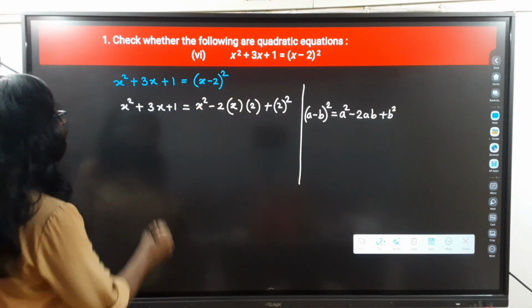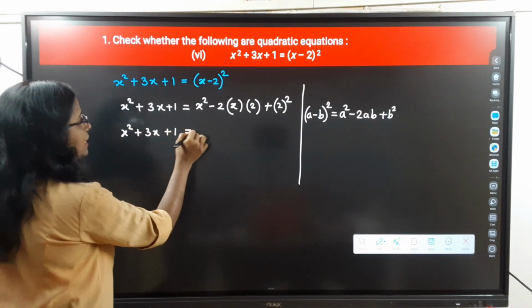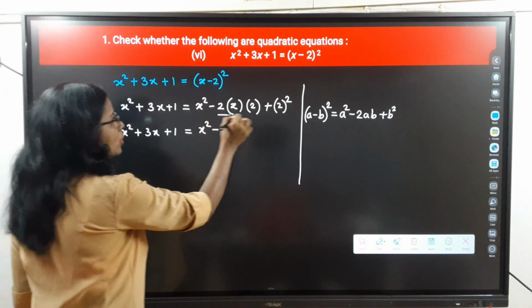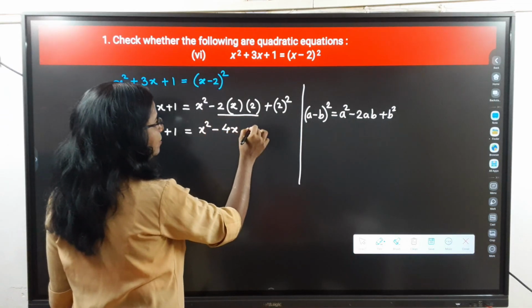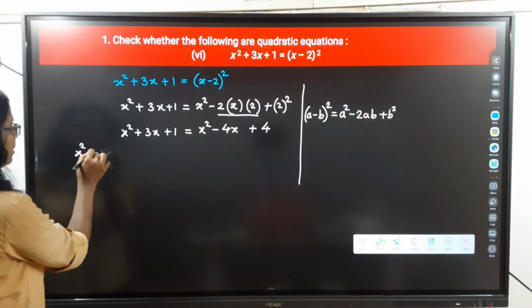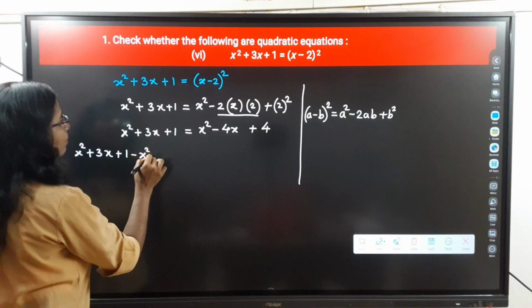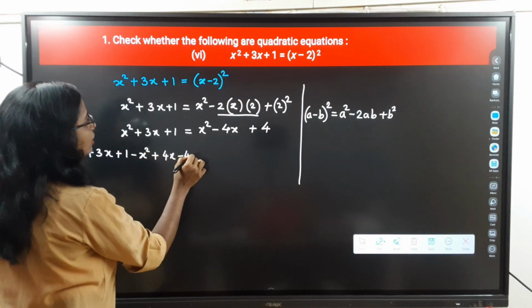Okay, so now here further simplified, x square plus 3x plus 1 is equal to x square minus product of these. So here 4x and plus square of 2, that is 4. So here we say x square plus 3x plus 1, shifting these three terms, so minus x square plus 4x minus 4 is equal to 0.